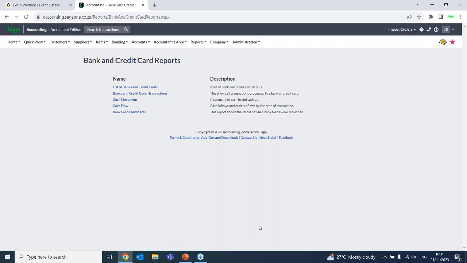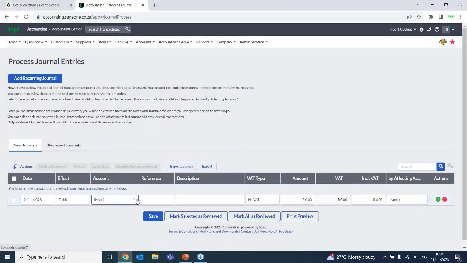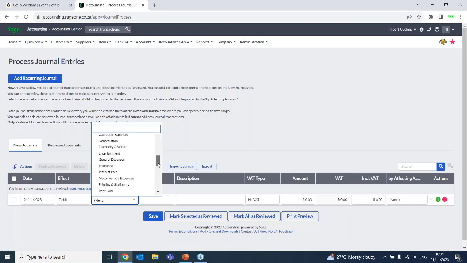And then others are posting to a bank account from another entry type. So guys, that is a good one that I forgot to mention. So if you, for example, do have the accountants area and you can process journals, you may go process a journal and you may select the account as your bank account. So you're doing your rent, and what you do here is you select your bank account.